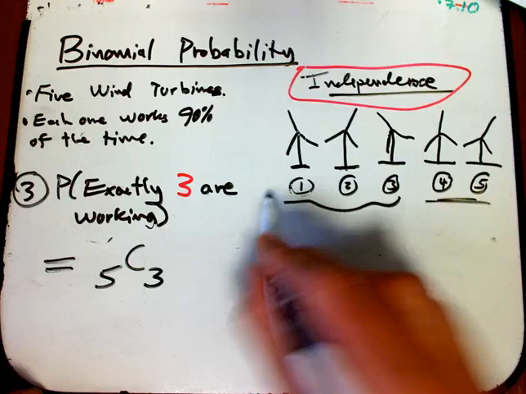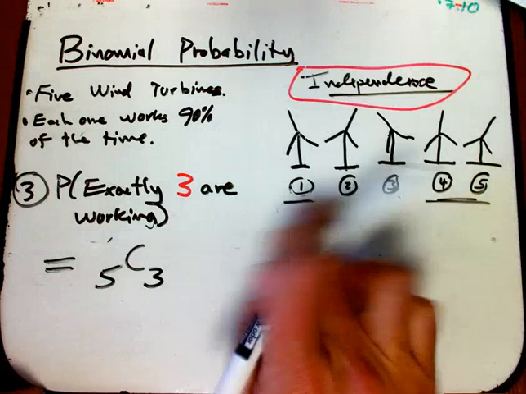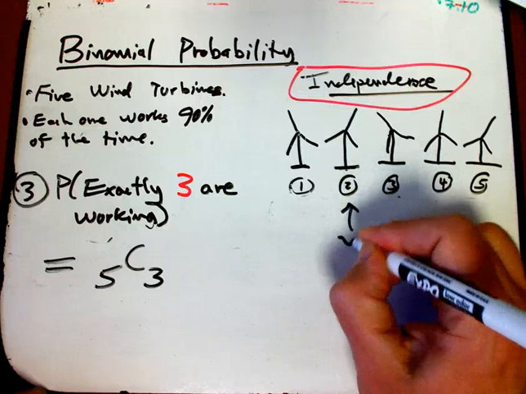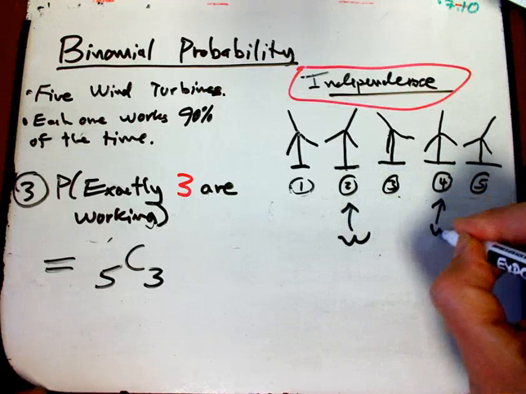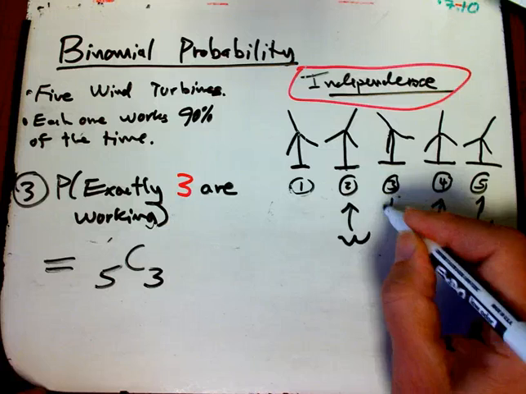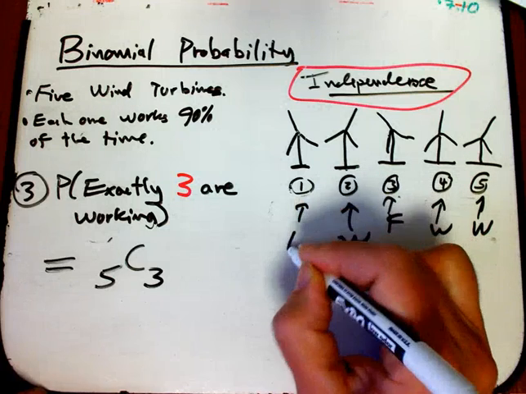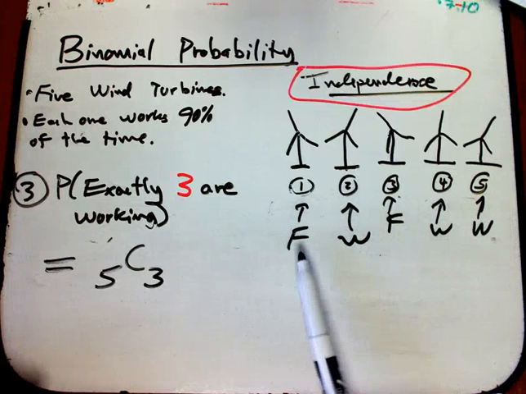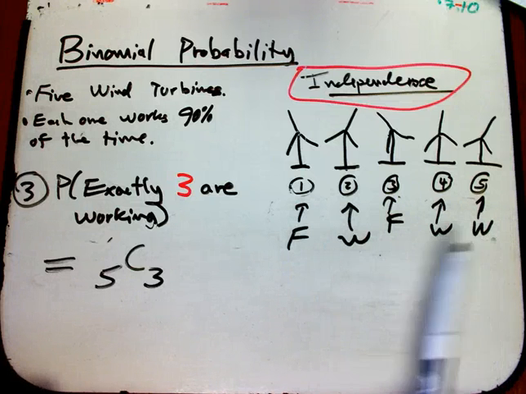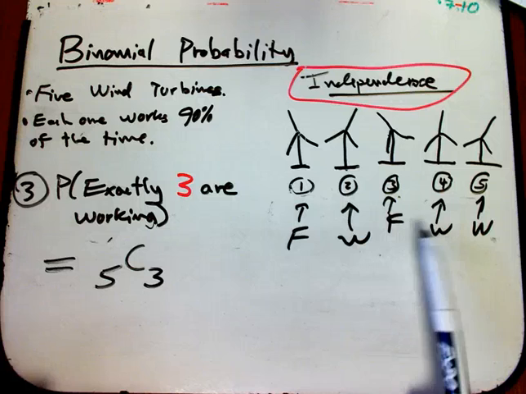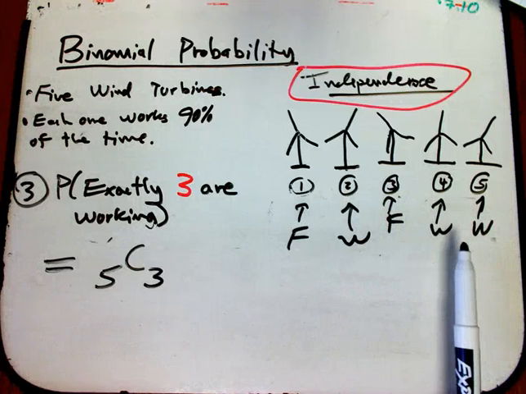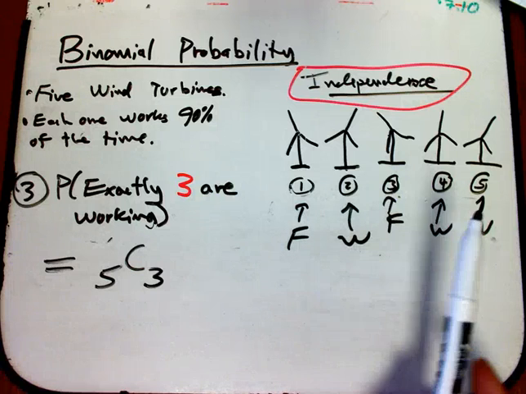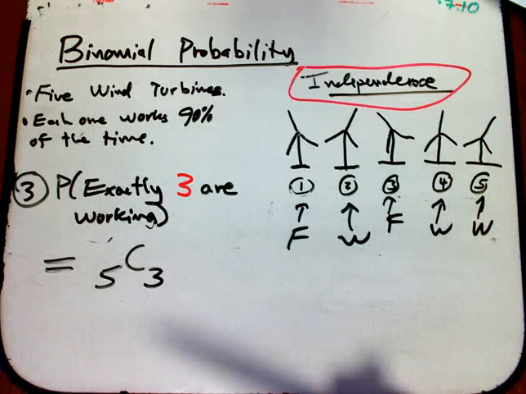Of these 5 slots, we can describe the probability that this one is working, this one's working, this one's working, this one's failing, this one's failing. Notice it's the number of ways we can take 5 slots and make a word with 3 W's and 2 F's. That's another interpretation of the choose coefficients. It's an anagram problem, or distinguishable permutations problem, with 2 different kinds of letters.